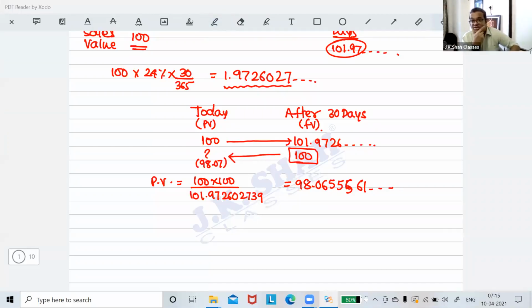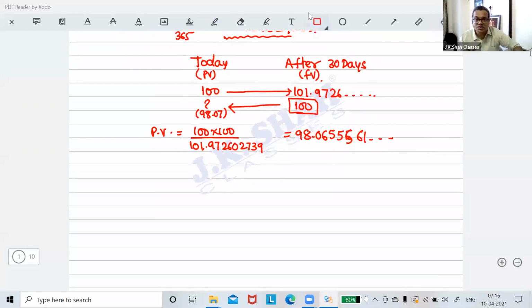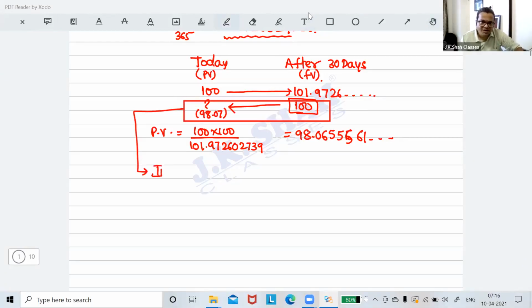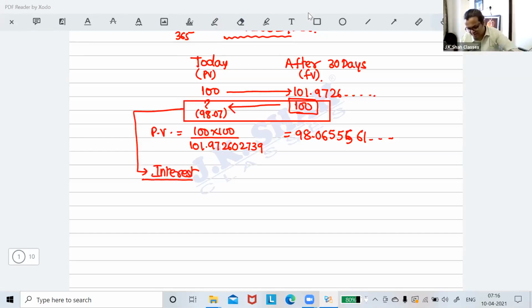So now how much is the interest part out of it? Compare these two values. Now, 98.06 and so on minus 100, so the interest part comes to 1.9344 and so on.